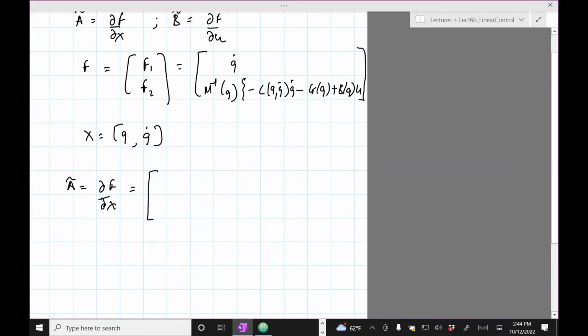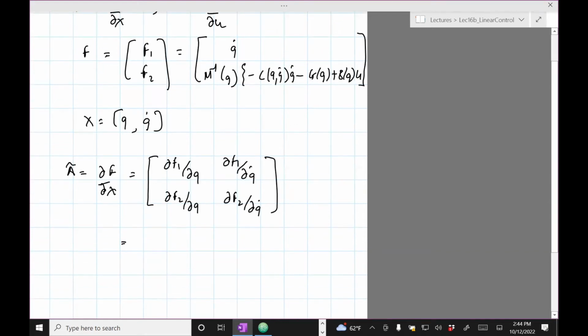Okay, so the same way as I did previously, you have two variables q and q dot. I need to take the derivative of F1, F2 with respect to those. So df1 dq, df1 dq dot, df2 dq, df2 dq dot. Okay, now let's look at what F1 is.